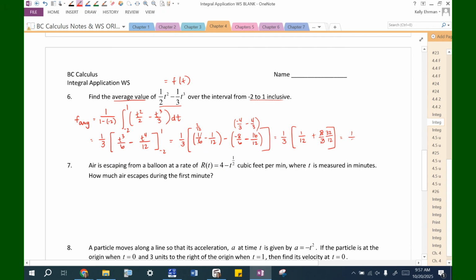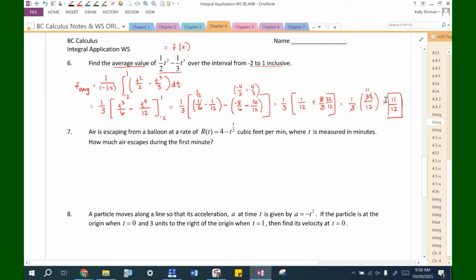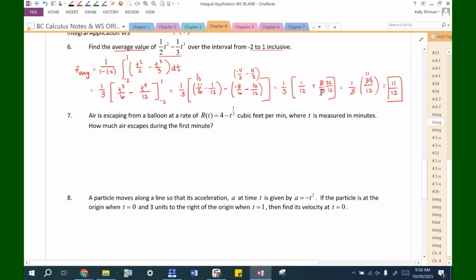So now we get 1/3 times 33 over 12. And of course we can cancel here first. 11 over 12. Again, you are expected to do all of that without a calculator. This is the kind of computational math that there's not a ton of, but it's not unheard of to have that on a non-calculator part.